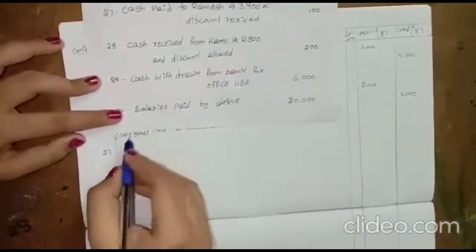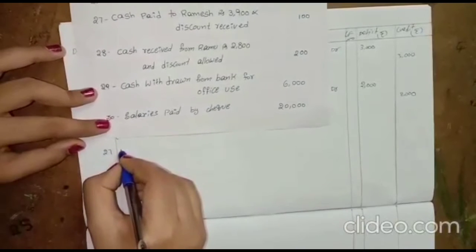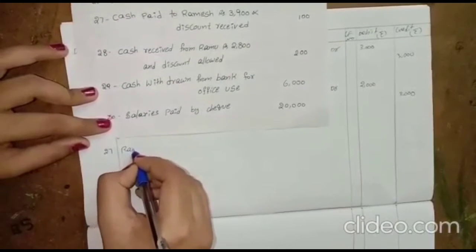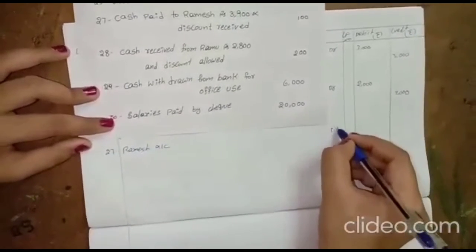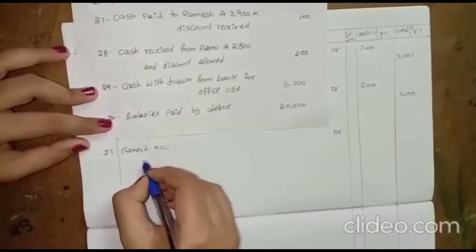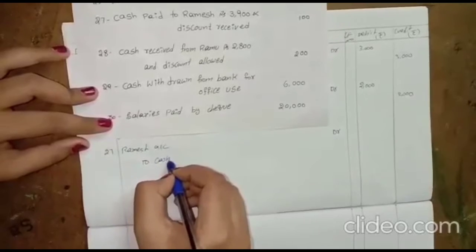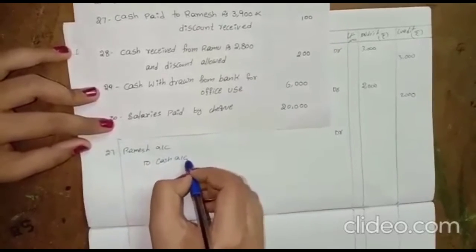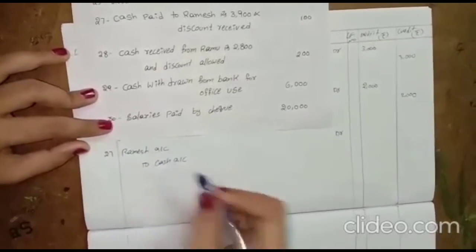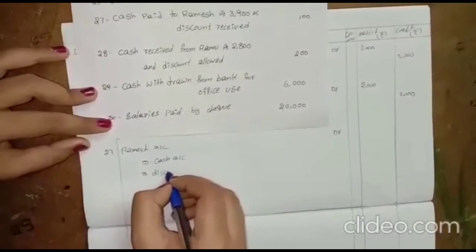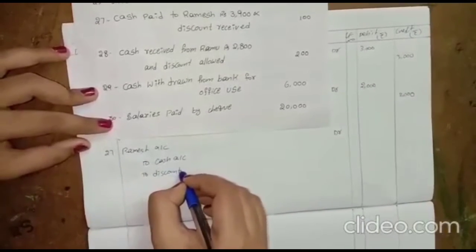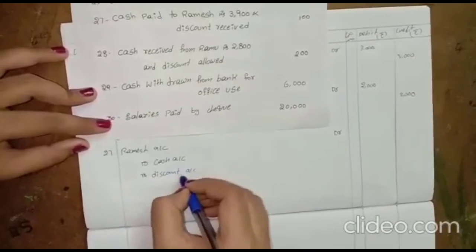So Ramesh account, debtor to cash account and to discount account.